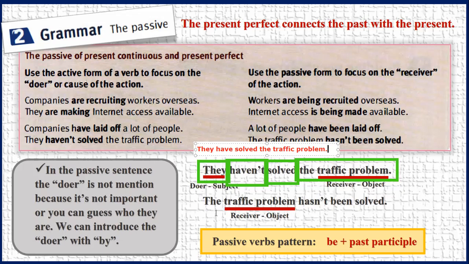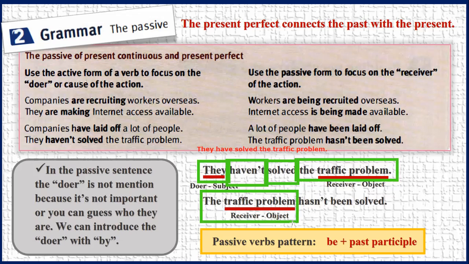Now, let's change to a passive voice. Passive voice means that we don't know who is doing the action or who creates the action or who does the action. We don't know the doer of the action in the passive voice. I have a very simple example I'm going to show you later. Now, when we change to a passive voice, as I told you, we don't know the doer, and the traffic problem, the object, comes to the beginning of the sentence.